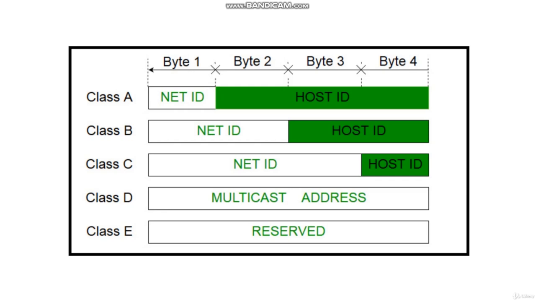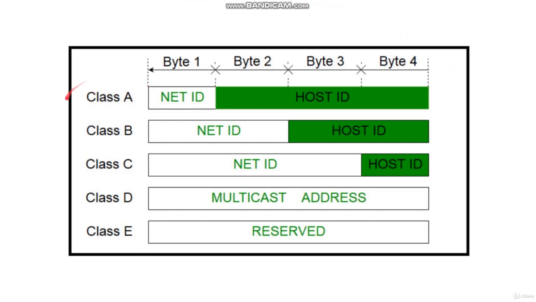Note that IP addresses are globally managed by the Internet Assigned Numbers Authority, that is IANA, and Regional Internet Registries, that is RIR. While finding the total number of host IP addresses, two IP addresses are not counted and are therefore subtracted from the total count, because the first IP address of any network is the network number, whereas the last IP address is reserved for broadcast IP.